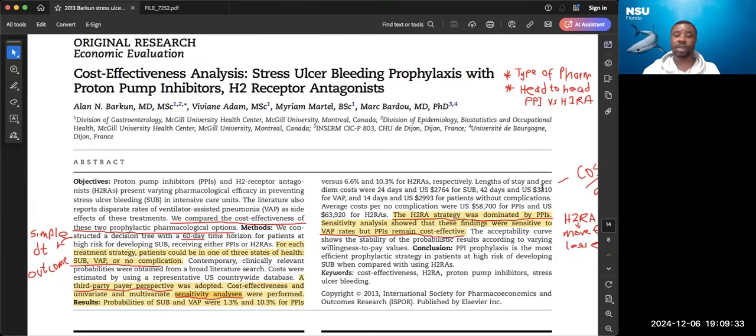Anyone can unmute and answer if you can. What is the difference between cost minimization and cost effectiveness analysis?